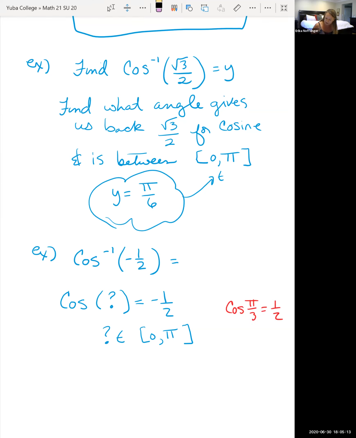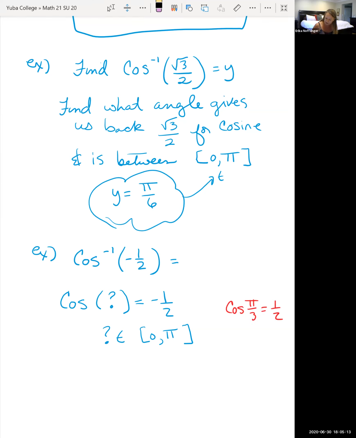Our reference angle then is pi thirds. And so if we look at pi minus pi thirds, because you're always going from the x-axis, that would get me into the second quadrant. So common denominator is 3.